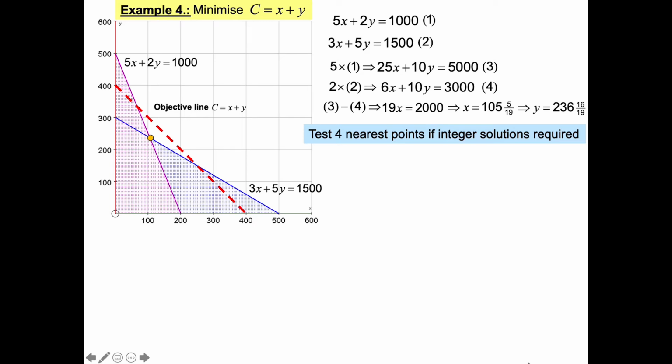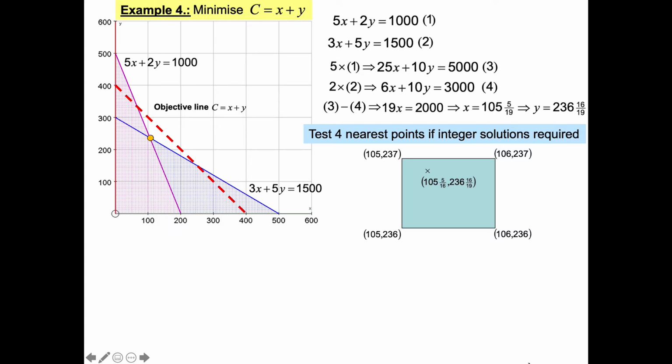In order to test them, first you need to locate them. So if you look at the point that you found as the intersection, then you know which points are closest to this one and have integer coordinates. Because you have 105 point something, it will be either 105 or 106. And because you have 236 point something, it will be either 236 or 237.